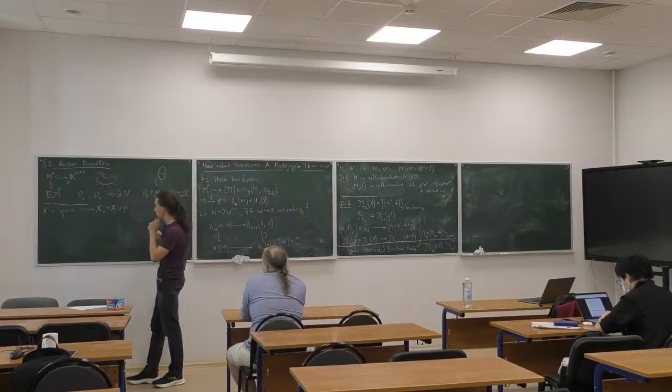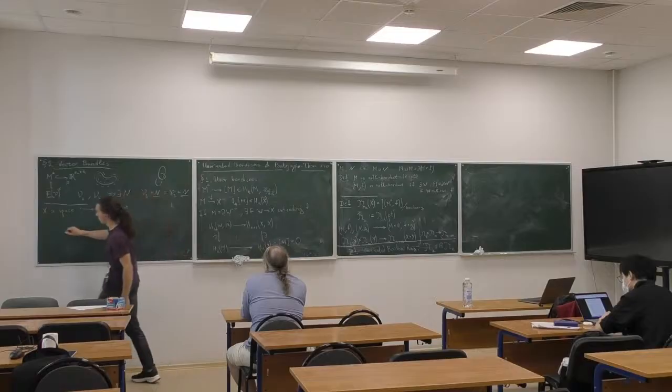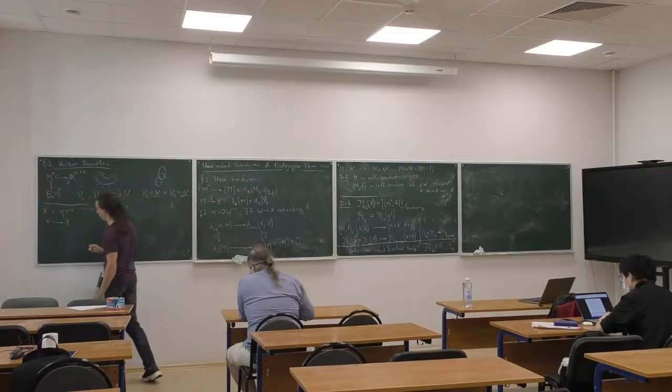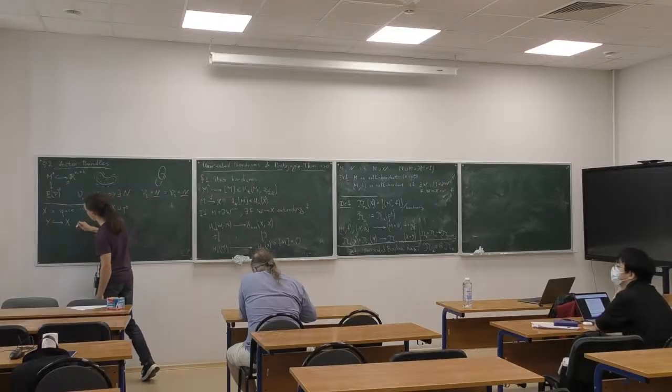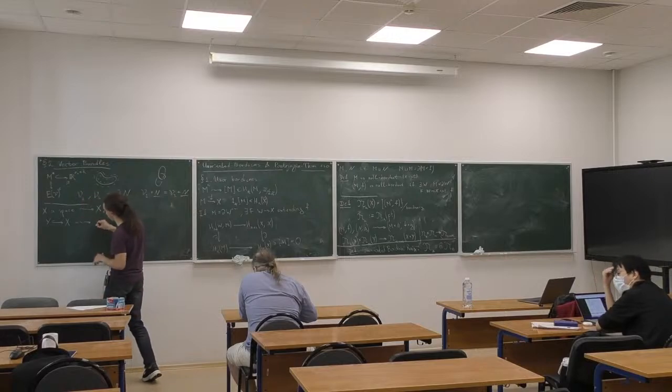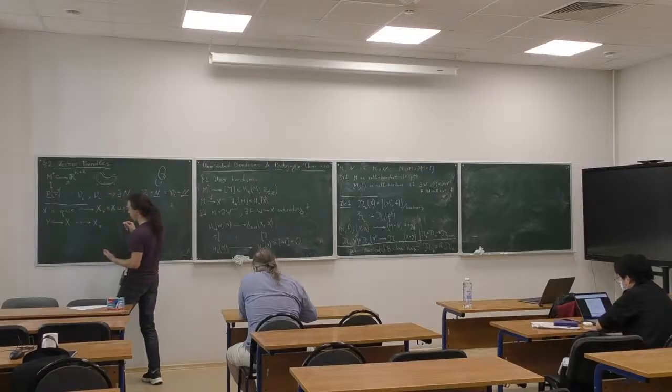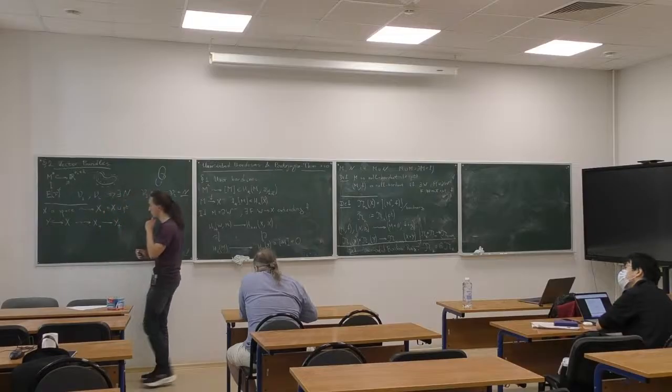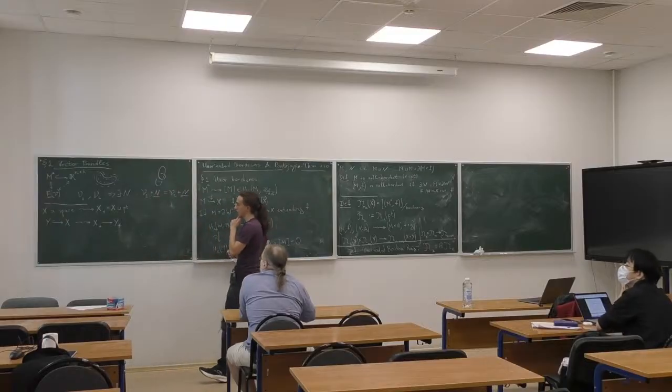What's important though is that whenever we have an embedding of Y into X, we automatically get a map between the compactifications going in the other direction, from X^+ to Y^+.